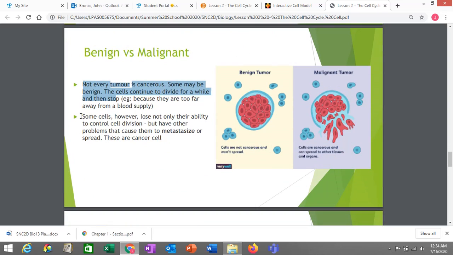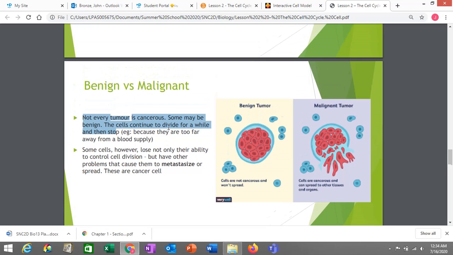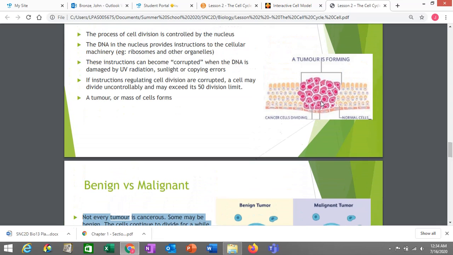But some cells don't only lose their ability to control their cell division, but other issues come up as well. So for example, some cells can actually cause the growth of blood vessels to happen near them, which sounds really creepy and scary. And how does that even happen? But when we talk about cell specialization, it might make a little bit more sense. Cells do have instructions for providing blood vessels into a certain region.